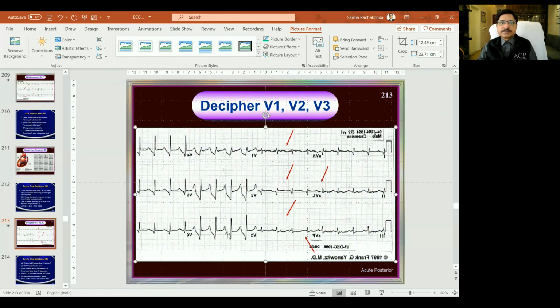Now you see, this is the typical ST elevation and then the Q waves. We flipped it vertically, so this is proceeding this way.